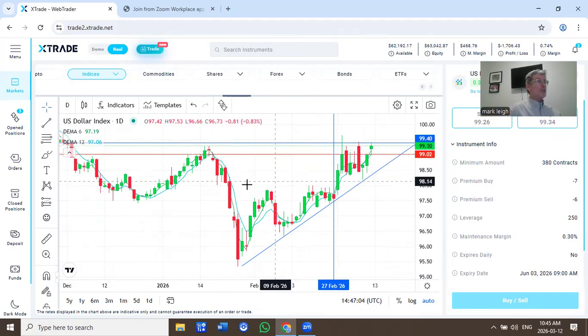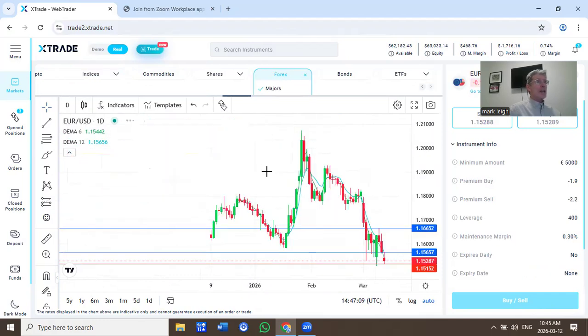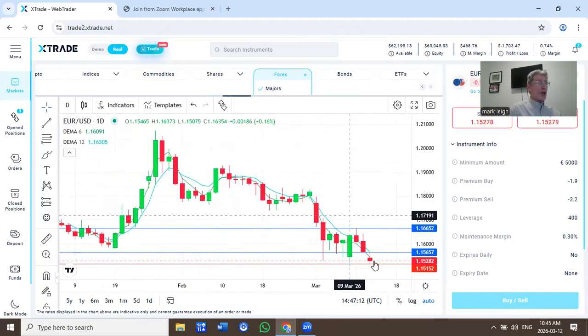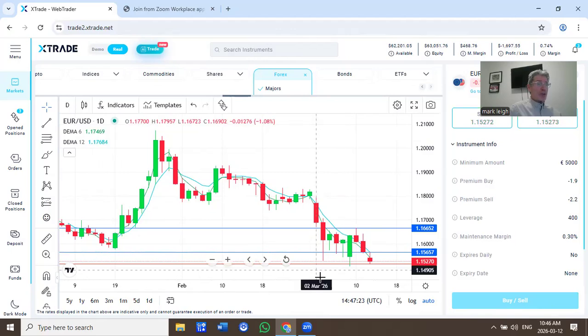And now that we're into the US session, let's have a look at the majors, starting with the euro against the US. And there you see a continuation of the downtrend, selling euro, buying US dollar. Third consecutive red candlestick, lower highs, lower lows, testing the same support as yesterday at 115.12.